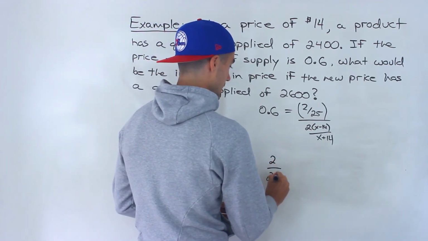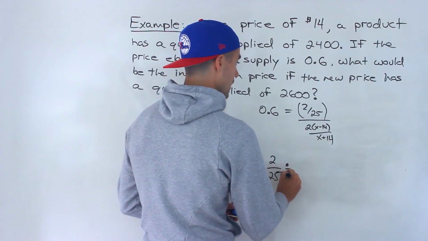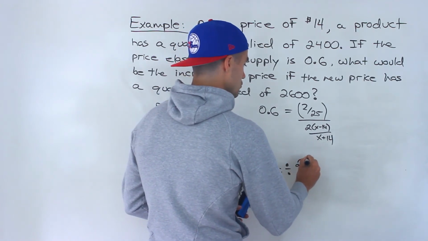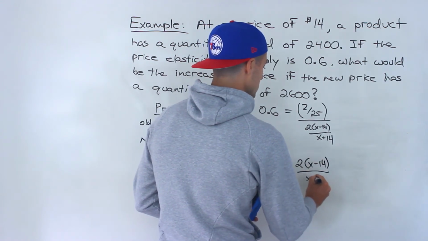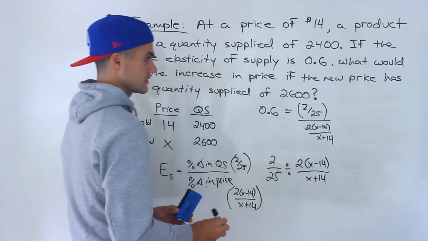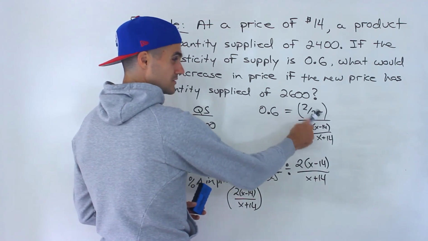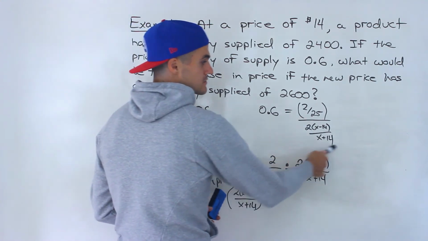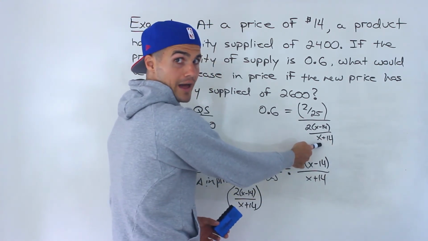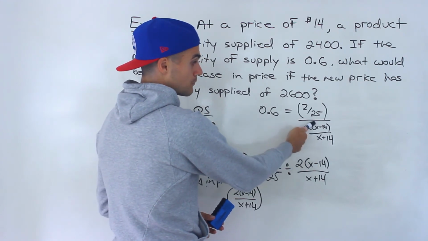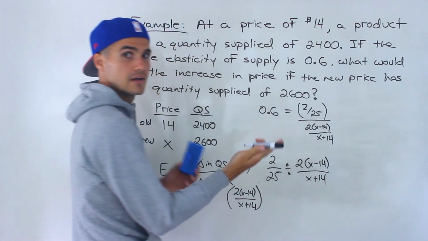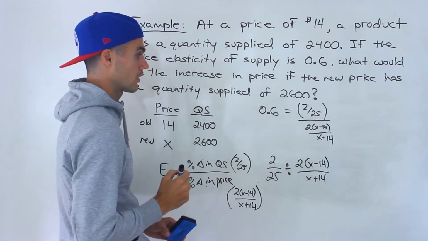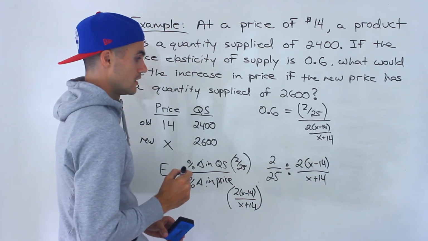I'm going to write that as 2 over 25 divided by 2 times x minus 14 over x plus 14. If this was a decimal divided by this fraction, you can't take this fraction and turn it into a decimal, it has to be a fraction, because it's got variables in the numerator and denominator. So if this was a decimal divided by this, I feel like it would be a little bit more complex to do.